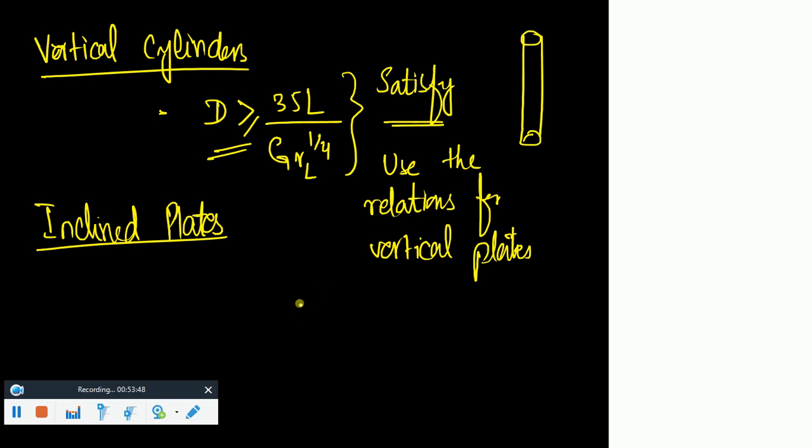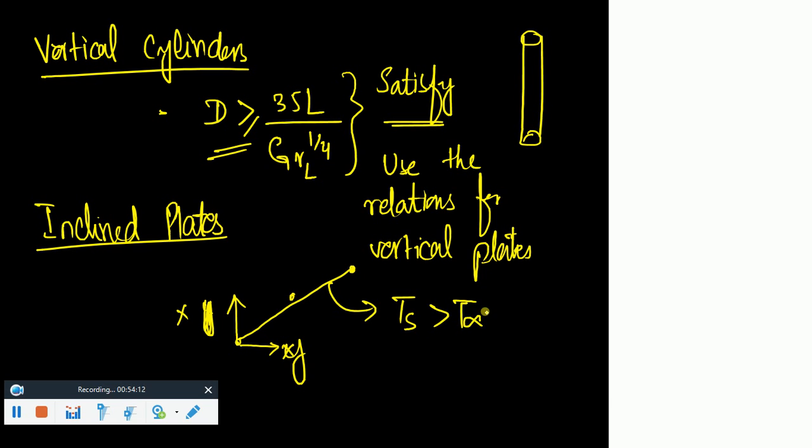Just look at that. If you have a plate, which is a hotter plate, let's say, this is X direction and this is Y direction. Let me use this X and this Y just to keep the notation similar. For example, if this temperature is Ts, which is greater than T infinity, the air would go up, right?